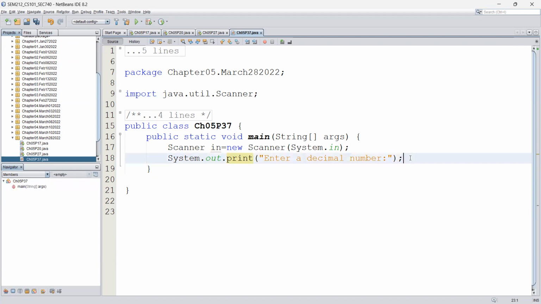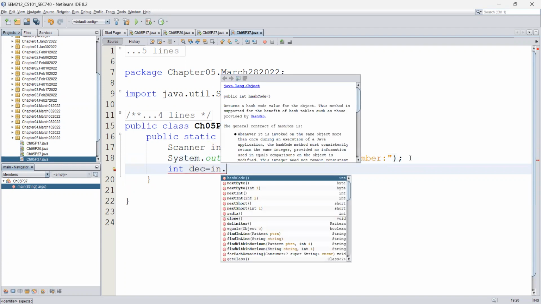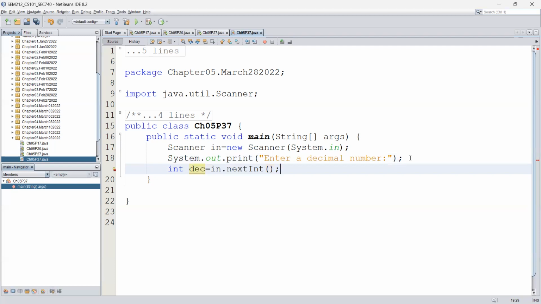Let's collect it somewhere. Integer decimal equals in.nextInt. Okay. Now we have a decimal number with us. What do we want? We want to convert this number to the binary numbering scheme, or base 2.